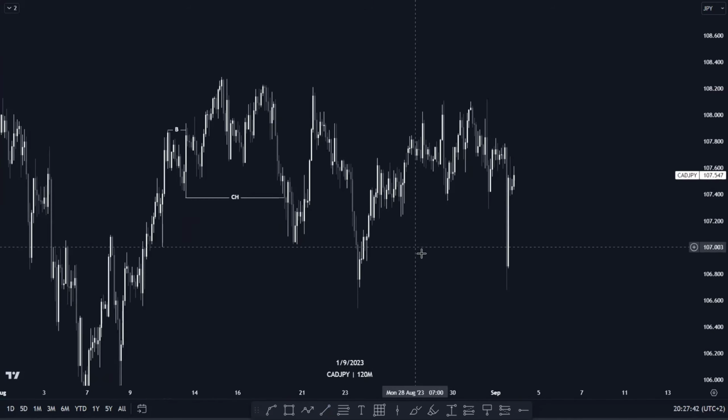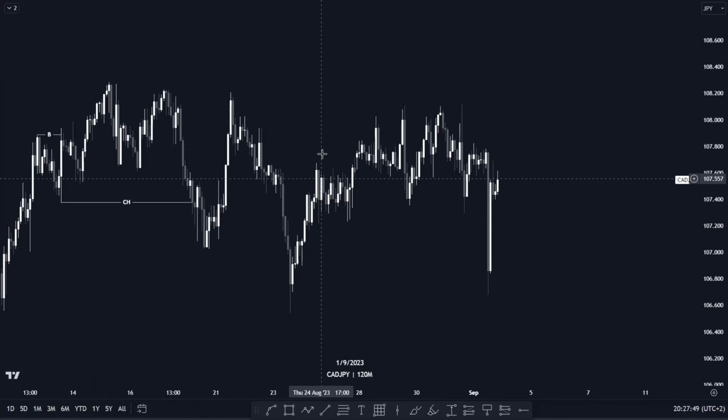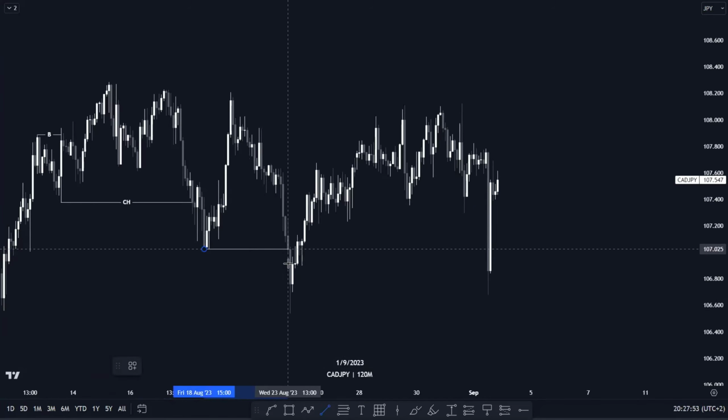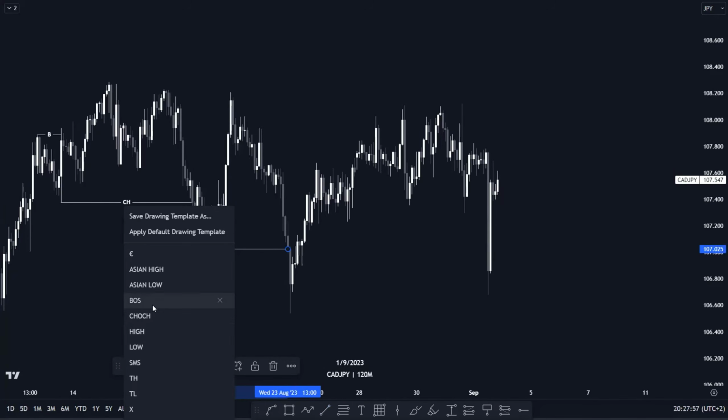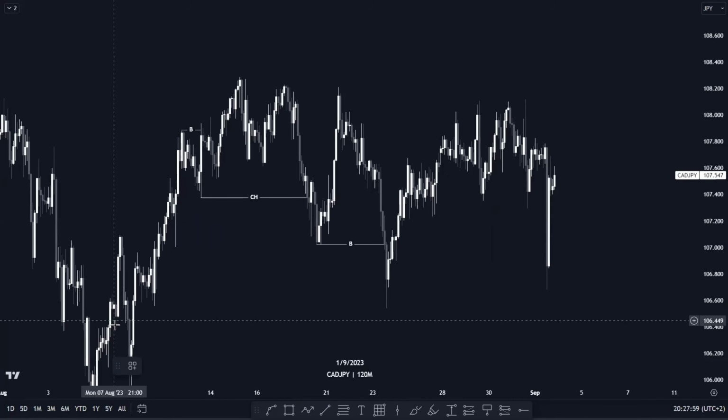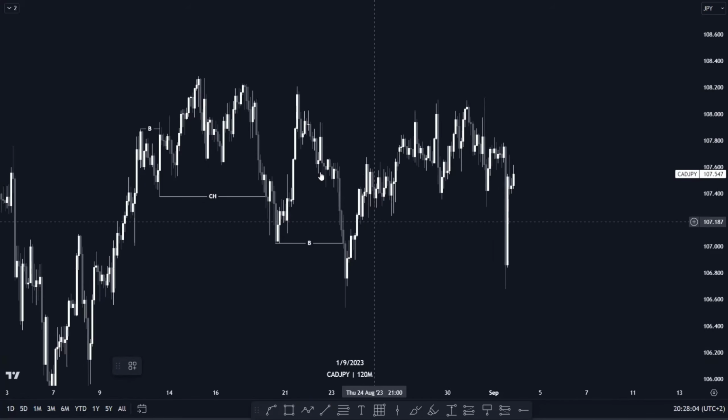And as you can see here, price managed to respect this high and pushed to the downside. When price pushes to the downside, it also confirms our trend, which is that we have moved from this bullish trend to a bearish trend because we have this change of character here.